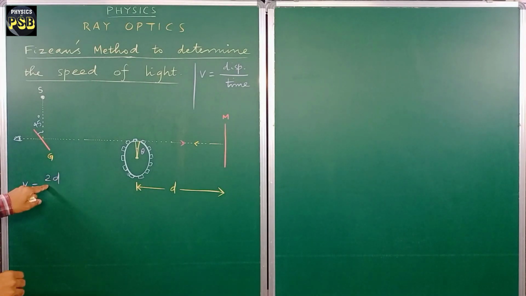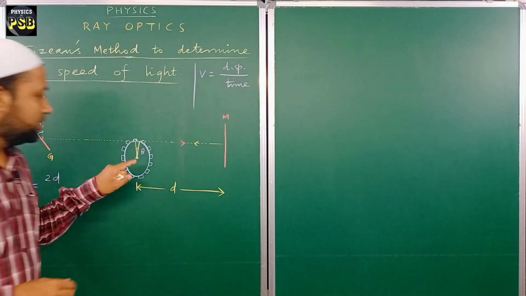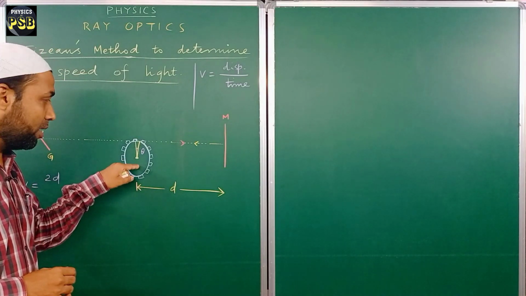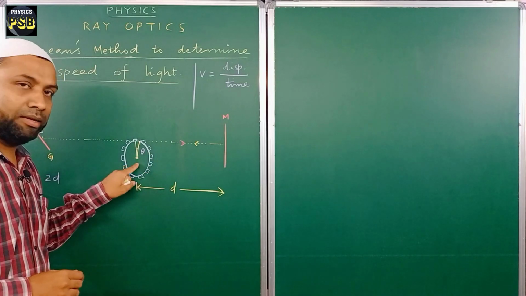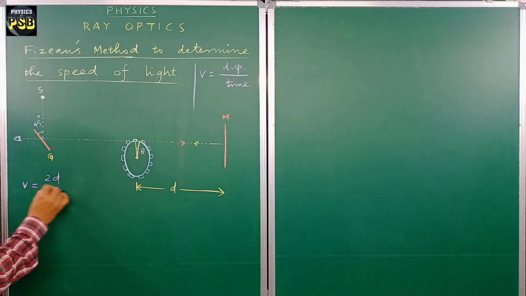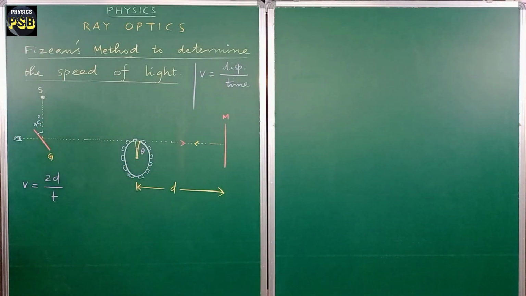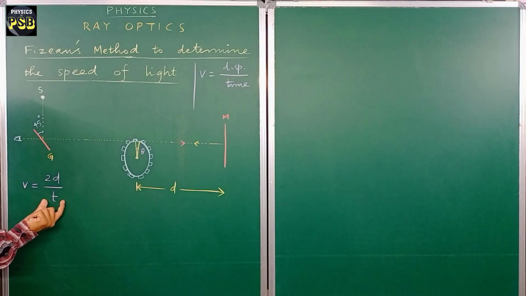Here 2D is the distance traveled by light from the wheel to the mirror and back. When it is divided by time, we get the velocity of the light.